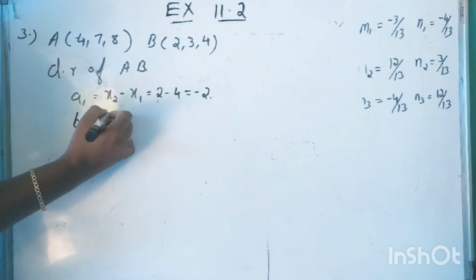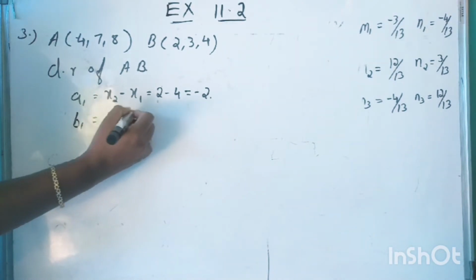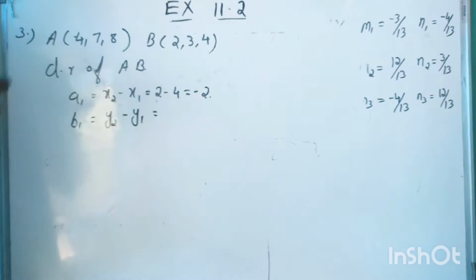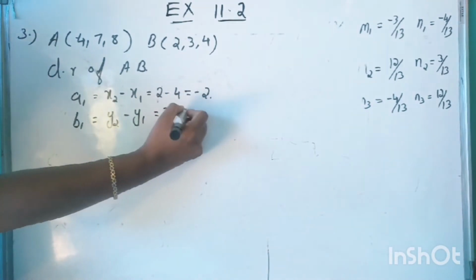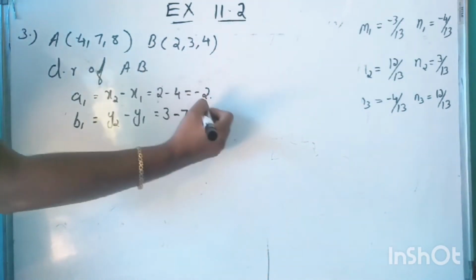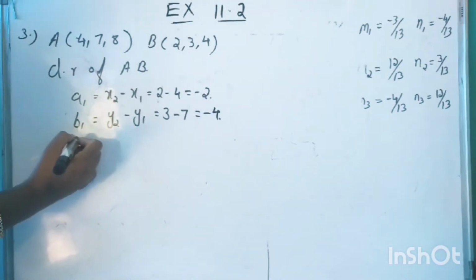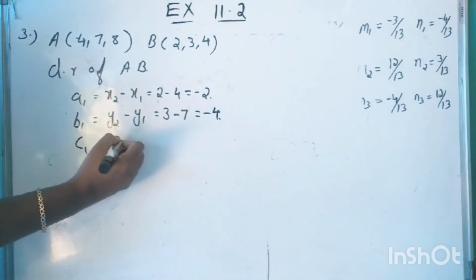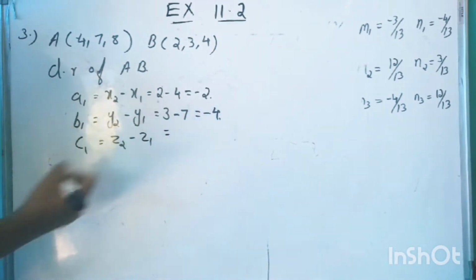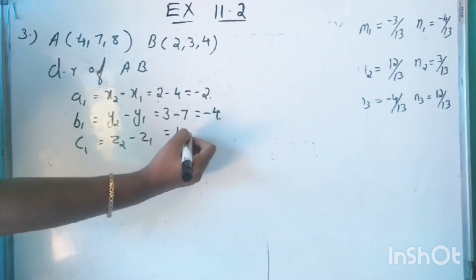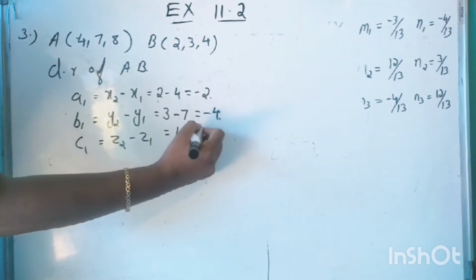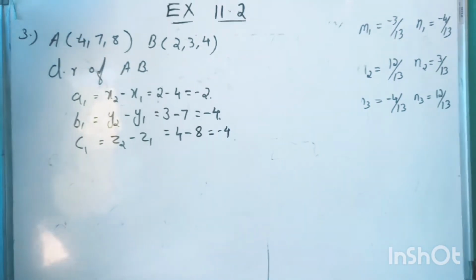And B1 is y2 minus y1, the y coordinate of B minus the y coordinate of A, that is -4. And C1 is z2 minus z1, the z coordinate of B minus the z coordinate of A, that is equal to -4.